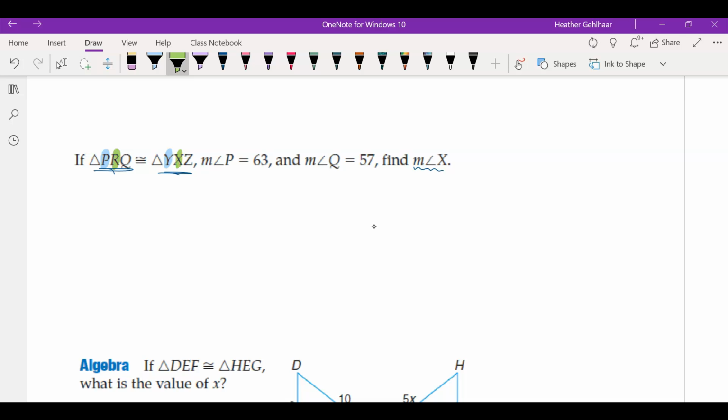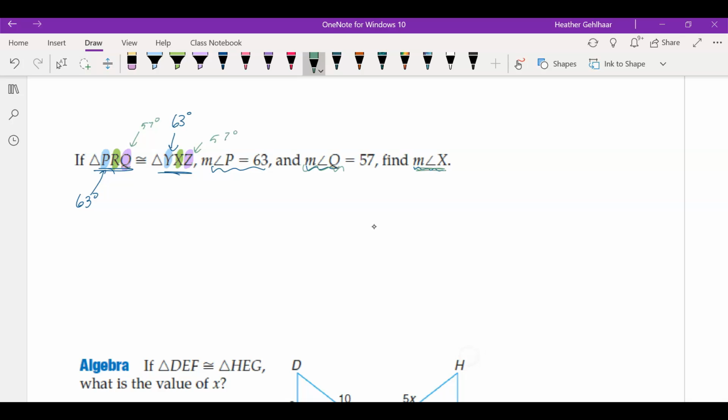R is congruent to X, and Q is going to be congruent to Z. So if we know P is 63 degrees, then Y is 63 degrees. If we know Q is 57 degrees, then we know Z is 57 degrees.